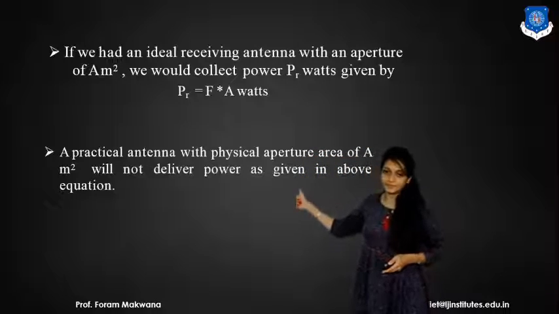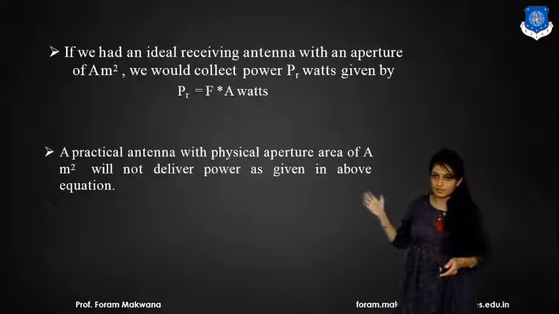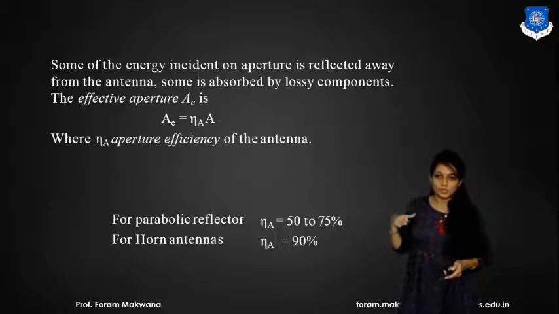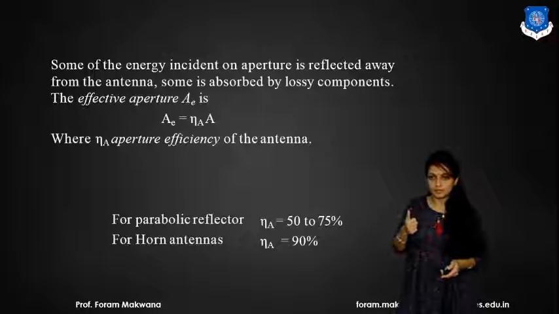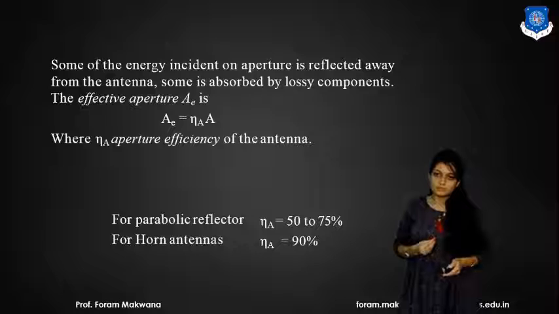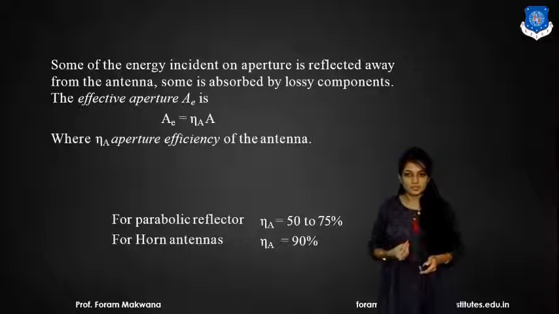A practical antenna with a physical aperture area of one square meter will not deliver the power in the harmonic equation. So we need to consider its physical aperture and its effective aperture as well. The effective aperture is calculated using its aperture efficiency.